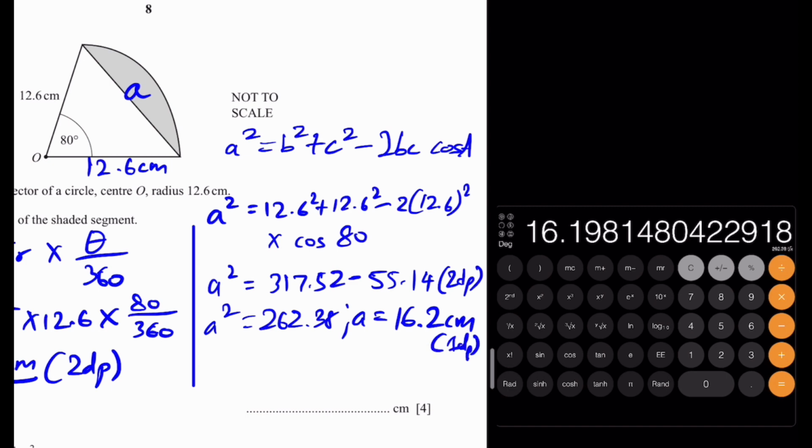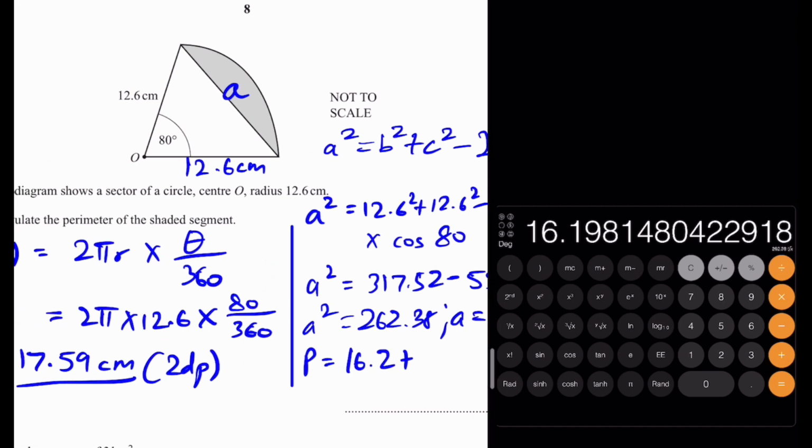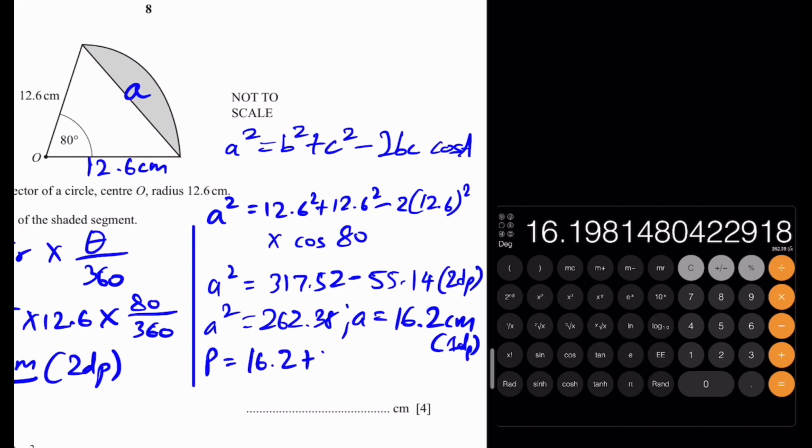Even if you take it to two decimal places, it'll still be 16.20, which is the same value. So the perimeter, which is P, we'll write 16.2 plus the previous value we found, 17.59, which is equal to 33.79 centimeters. That's the answer.